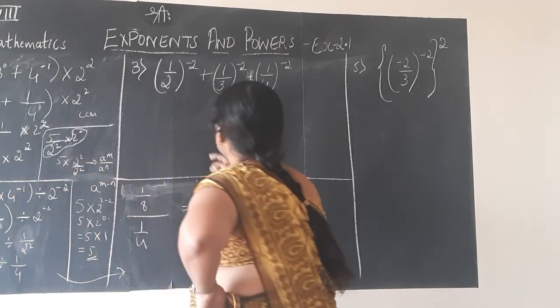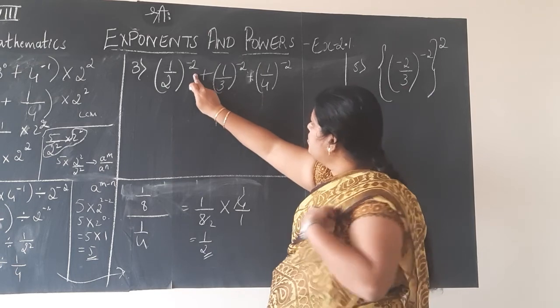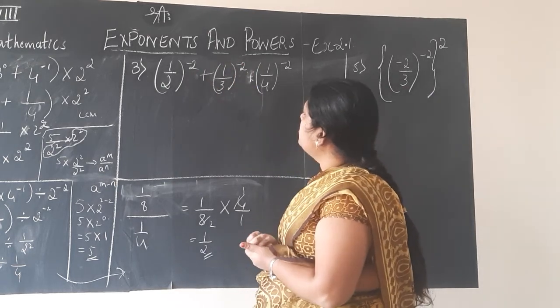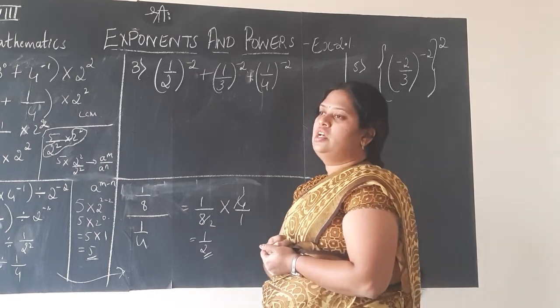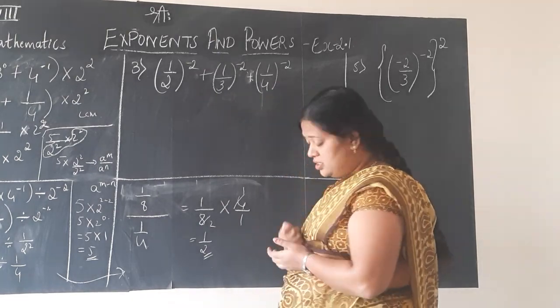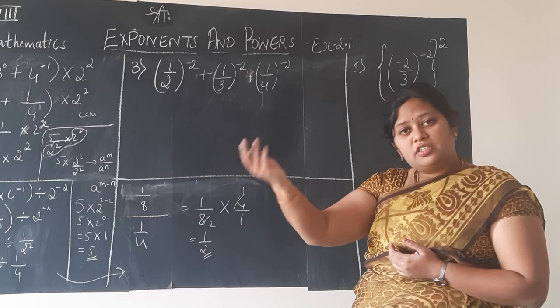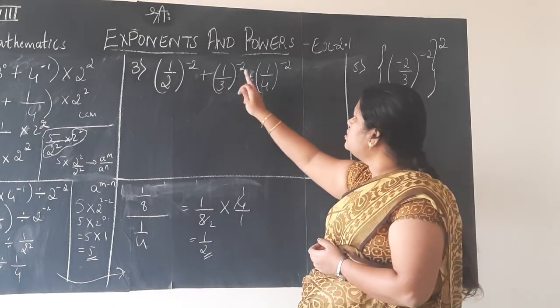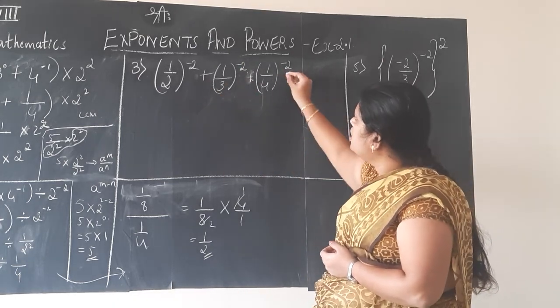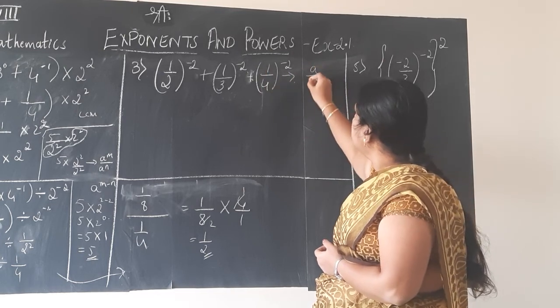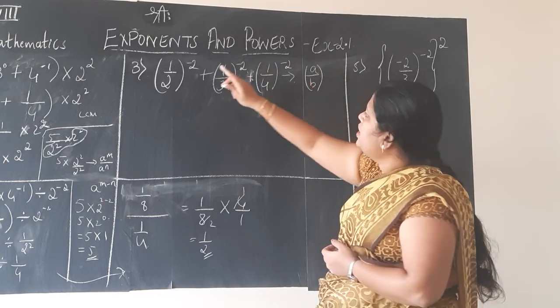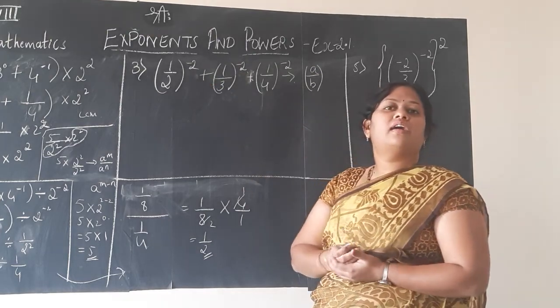Next we have third question. 1 by 2 to the power minus 2 plus 1 by 3 to the power minus 2 plus 1 by 4 to the power minus 2. We already have fractions. To those fractions you have common power, that is minus 2 and minus 2 children. If you observe, base values are different, but exponents are same.